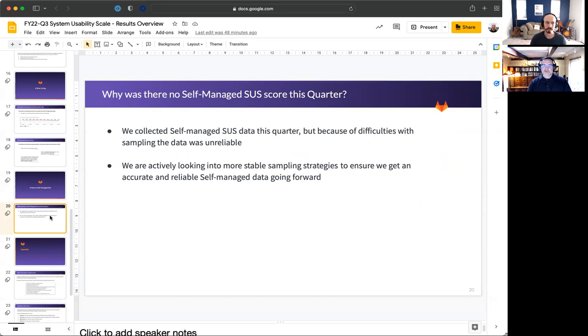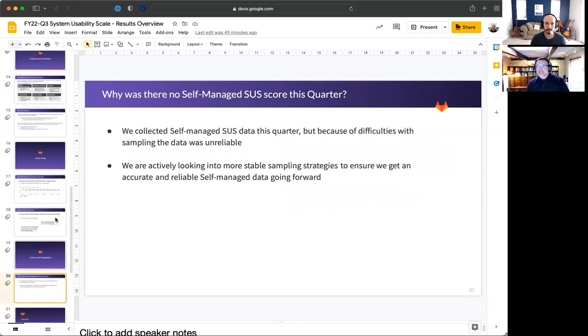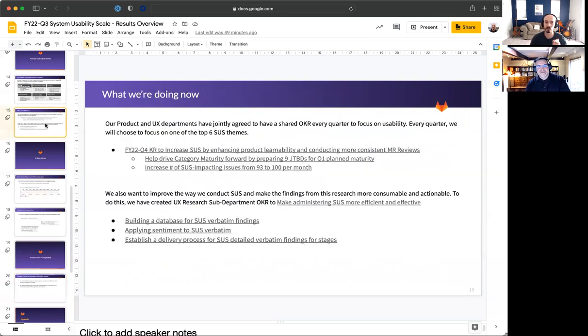Okay, sounds like that was a good call to make. So lastly, any final thoughts or next steps? Yeah, I think there's a lot that we're doing now. At the department level, we have a couple KRs around increasing SUS. This is a consistent thing from quarter to quarter. We always try to tackle an aspect of SUS.